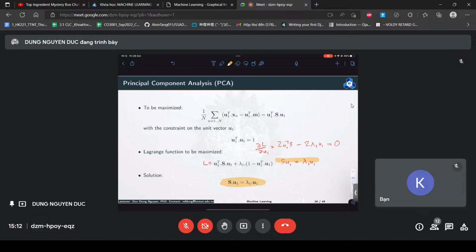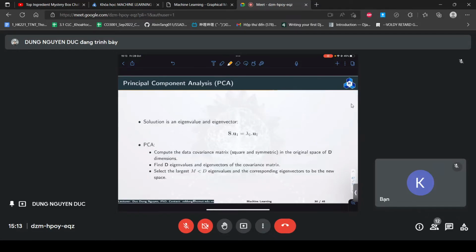Something you may see: lambda 1 is the eigenvalue of the covariance matrix S, and U1 is the eigenvector of the covariance matrix S. And you can easily calculate this one. No trouble, right? So remember that and you can do well. So again, for PCA, you are going to select some eigenvalue with respect to some eigenvector that you are interested in when you project your data.